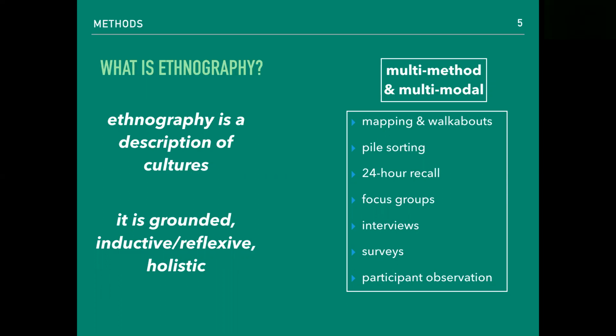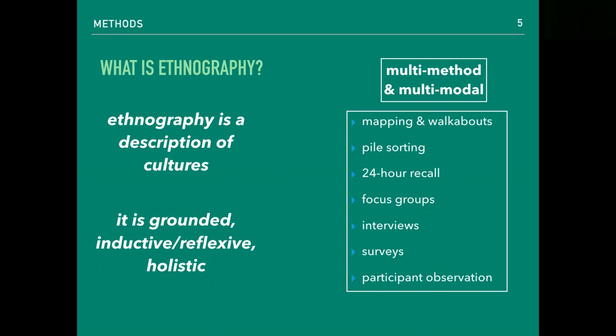Ethnography is a description of cultures. It's grounded, reflexive, and also holistic. It uses all of these different methods within the one bigger frame of ethnography. It's basically a way of understanding holistically what is happening in a particular scenario.